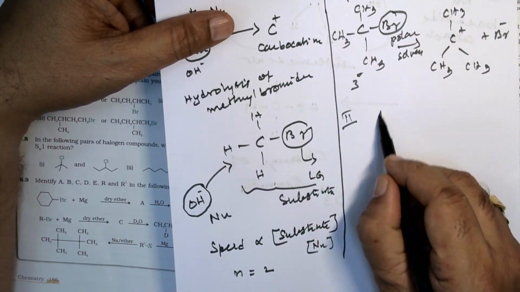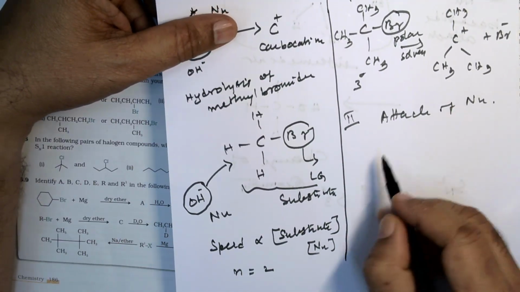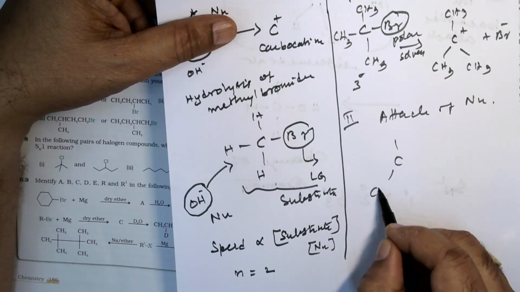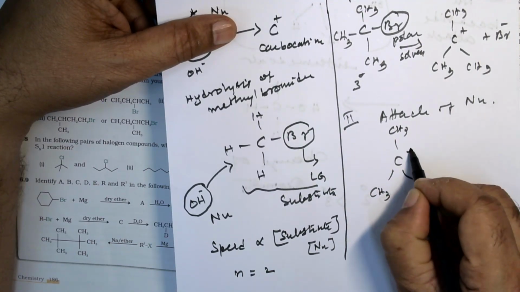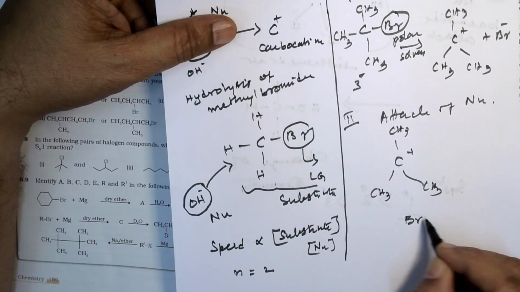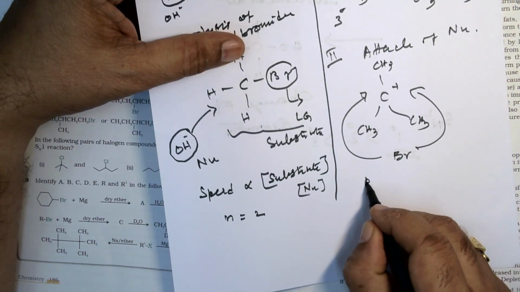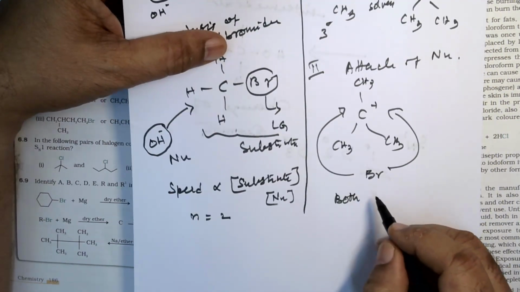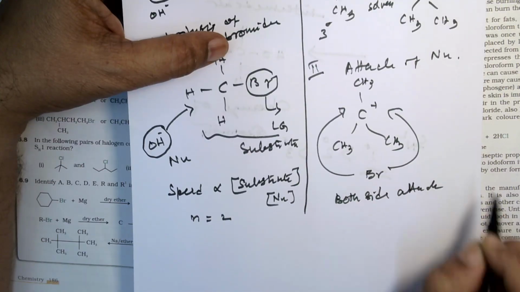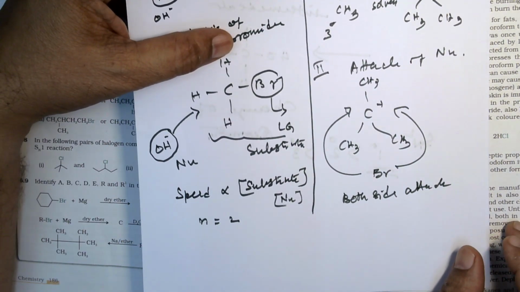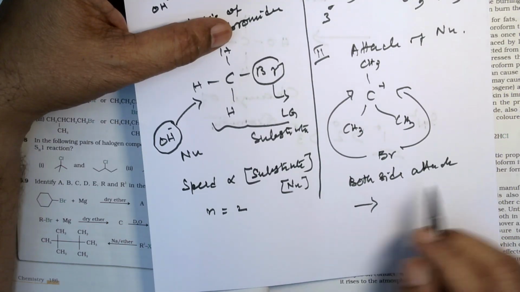Second step is attack of nucleophile. So here you have got already CH3, CH3, CH3 plus, and here the nucleophile can attack from both sides. That's why it is called both side attack. Okay, and that results in no change of geometry here.